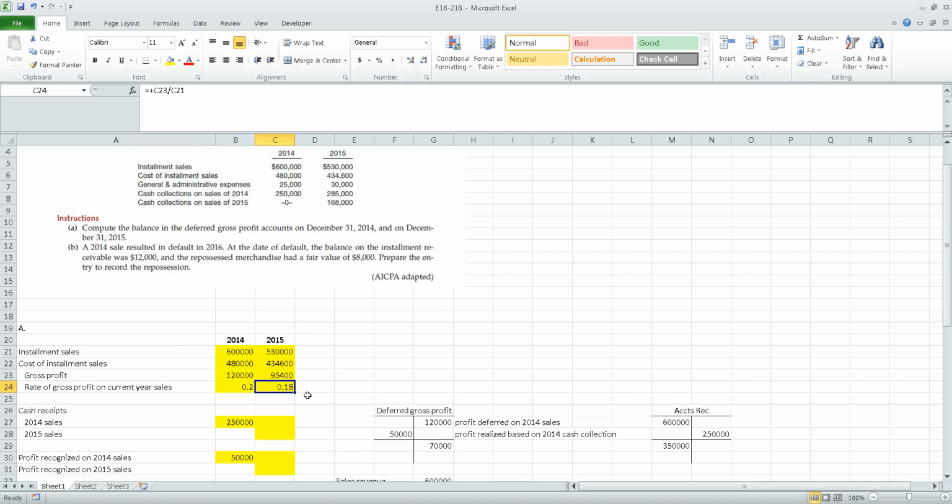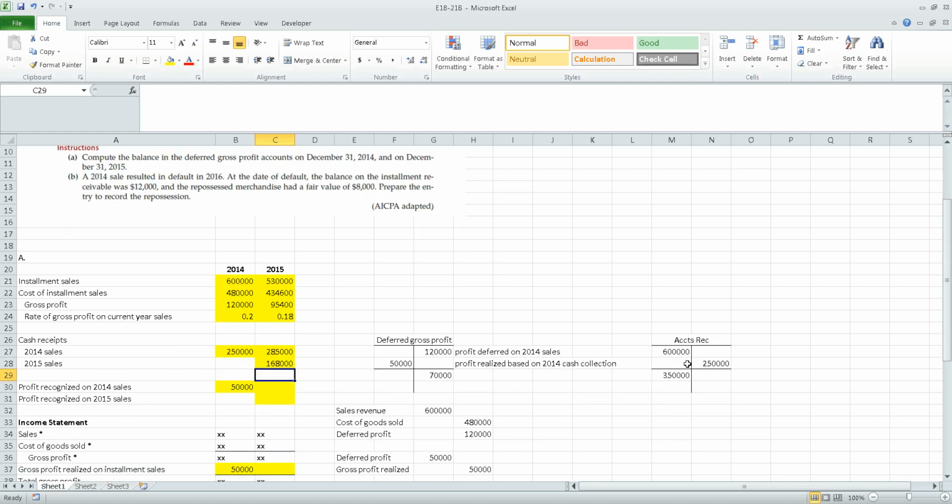According to the facts of the problem, we collected in 2015 $285,000 of cash that pertained back to the sales we made in 2014. And we collected $168,000 of cash relating back to the 2015 sales. Now let's update our accounts receivable T account quickly.